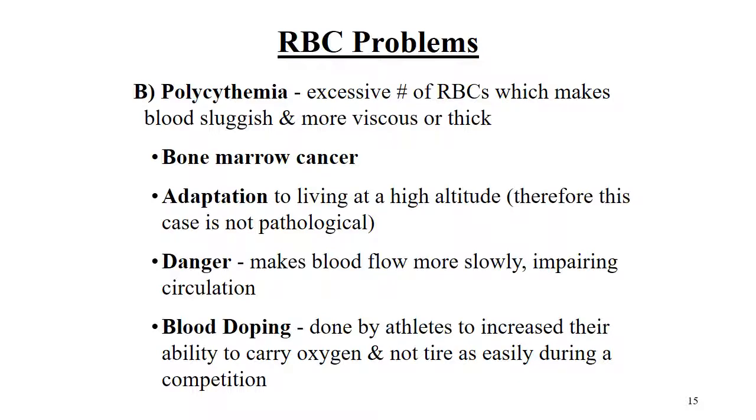Polycythemia is very interesting and quite far on the other end of the spectrum. It means we have too many red blood cells. The blood gets thick and heavy and sluggish in the veins. Other red blood cell problems can include things like cancer leading into the red bone marrow itself, disrupting red blood cell regeneration. Also adaptation. A lot of us here at 5,000 feet have some altitude-based adaptations. This is not pathological, but can actually occur rapidly in just a few days.